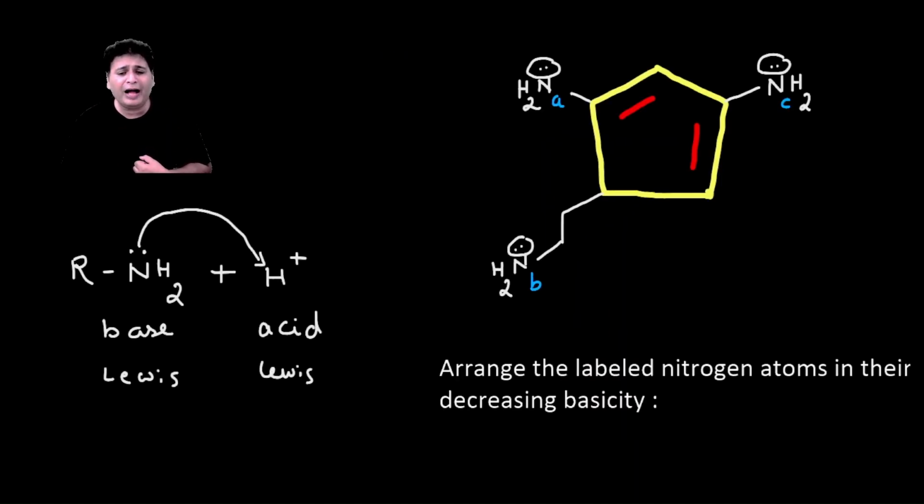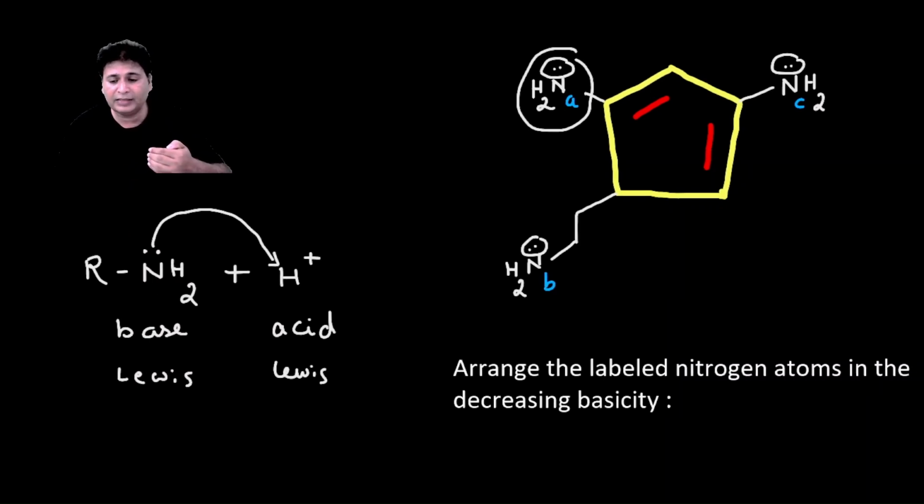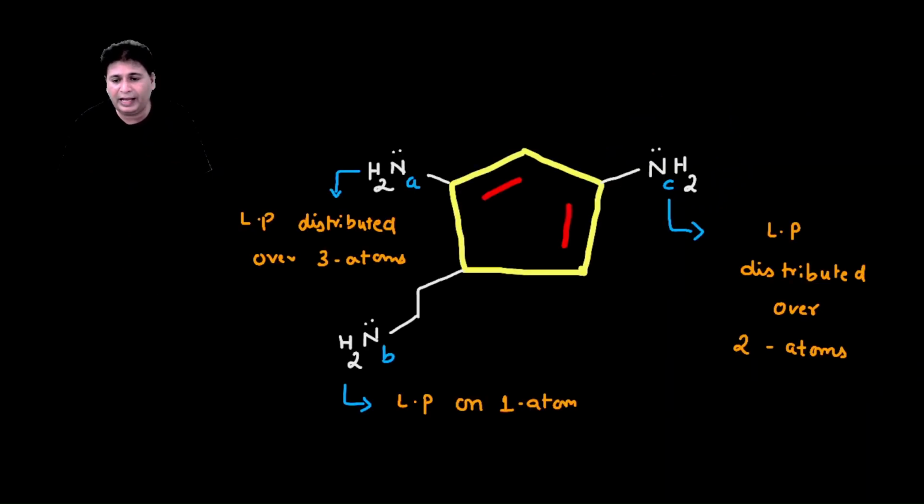So after you have gone through all this discussion, then you find that okay, now I'm in a situation to predict the basicity. I found that in the case of A, as I have made a slide, as you can see, I have clearly pictured out all the things. In the case of A, you can understand the lone pair was distributed over 3 atoms.